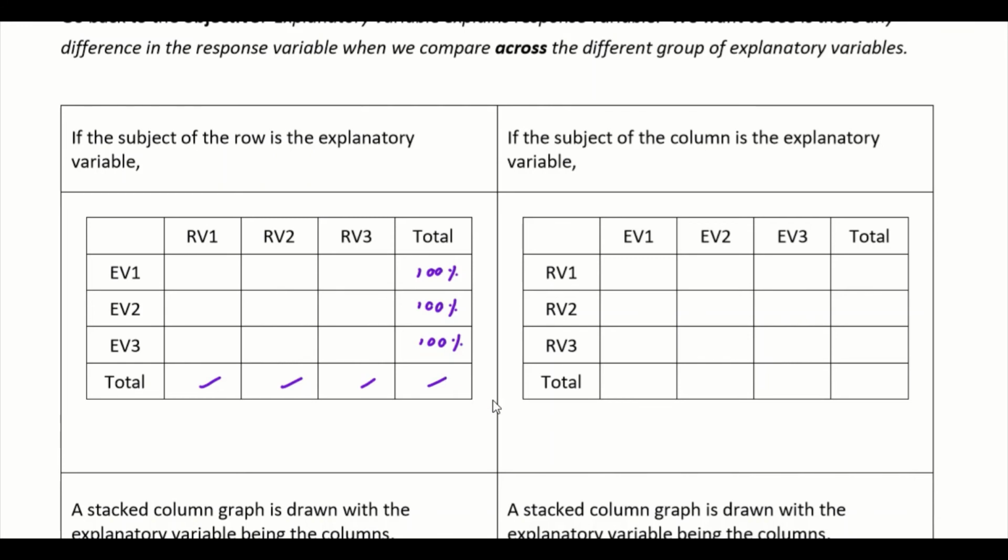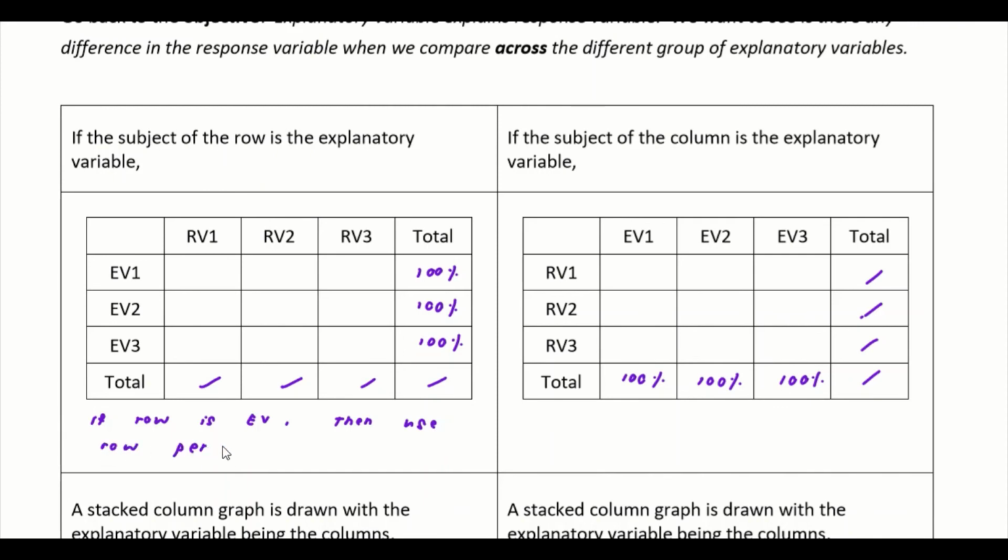Similarly, if the subject of the column is the explanatory variable, we must put the explanatory variable in the same phase, which is the 100%. That's why we are doing column percentage. In this case, all our row percentage will be non-applicable. If you just want to remember it, you can remember it as: if row is EV, then use row percentage.